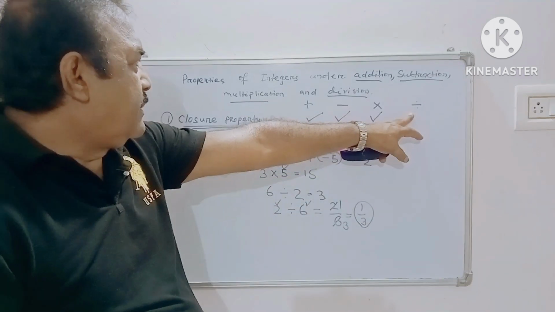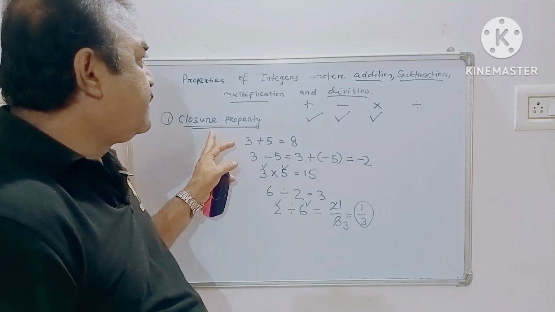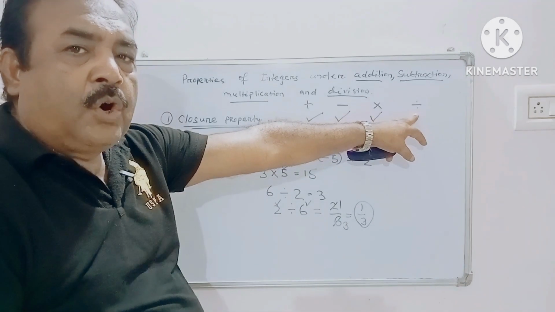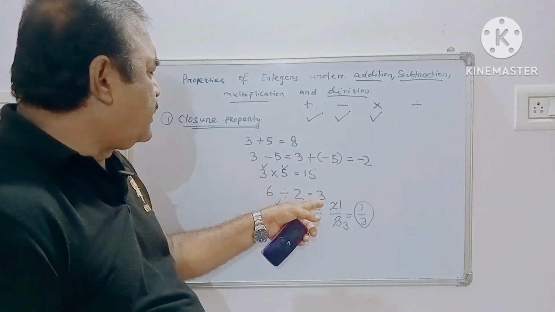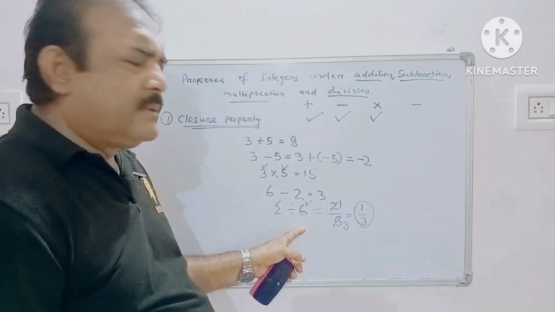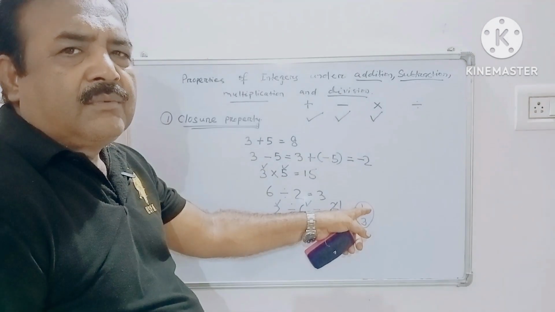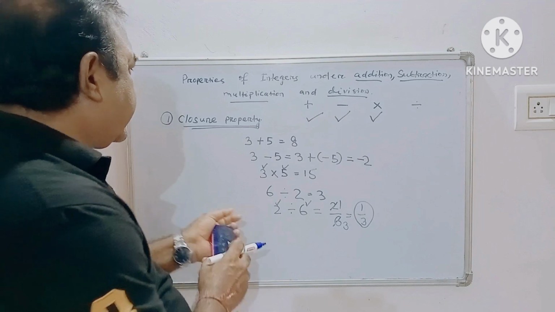So all the integers are not closed under division. You see, 6 divided by 2 is equal to 3. Here it is okay. But if I take 2 divided by 6, then the quotient is 1 upon 3. So that doesn't hold good in this case.